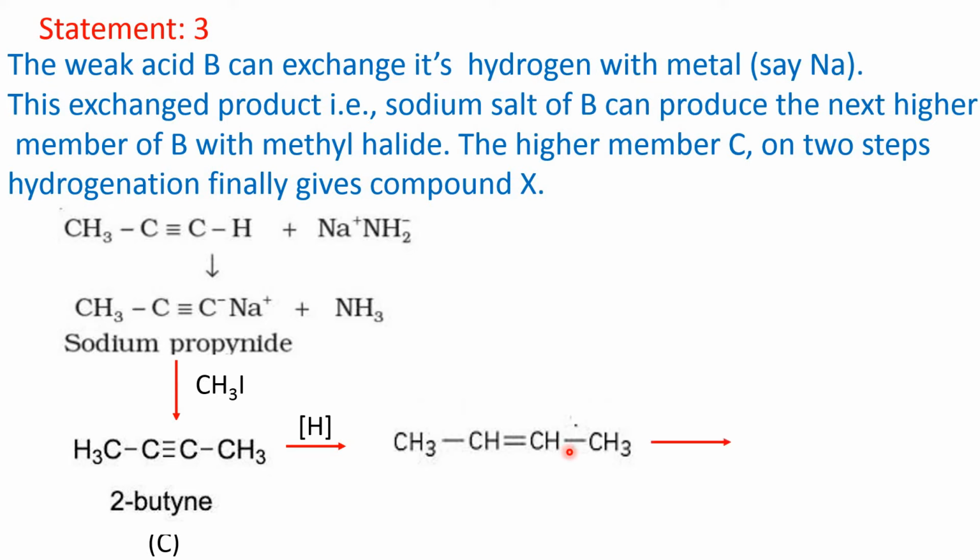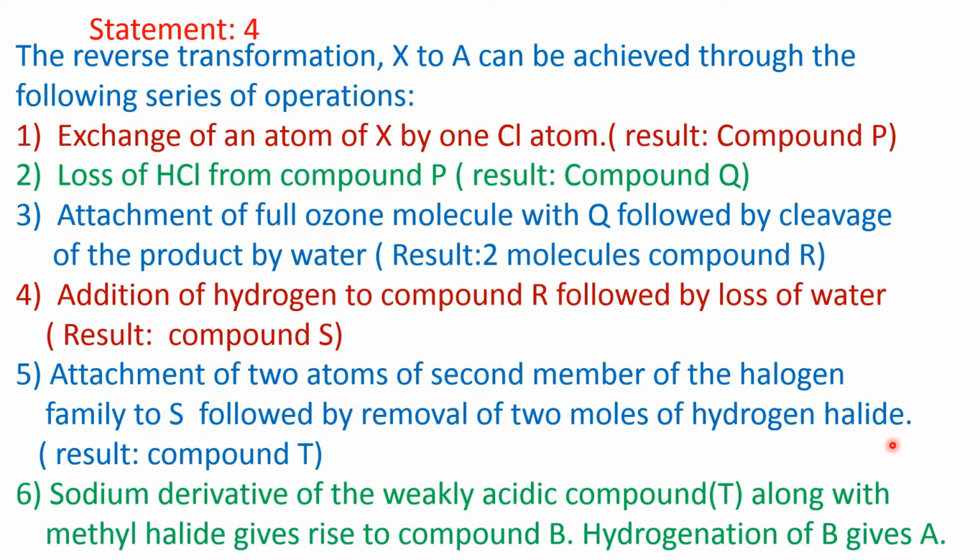And 2-butene, once again on reduction, produces butane, that is a saturated hydrocarbon, which is our desired product X. That is the conversion of propane to butane, lower alkane to higher alkane. Now statement 4, the reverse transformation, that is X to A, that means higher alkane to lower alkane, can be achieved through the following series of operations.